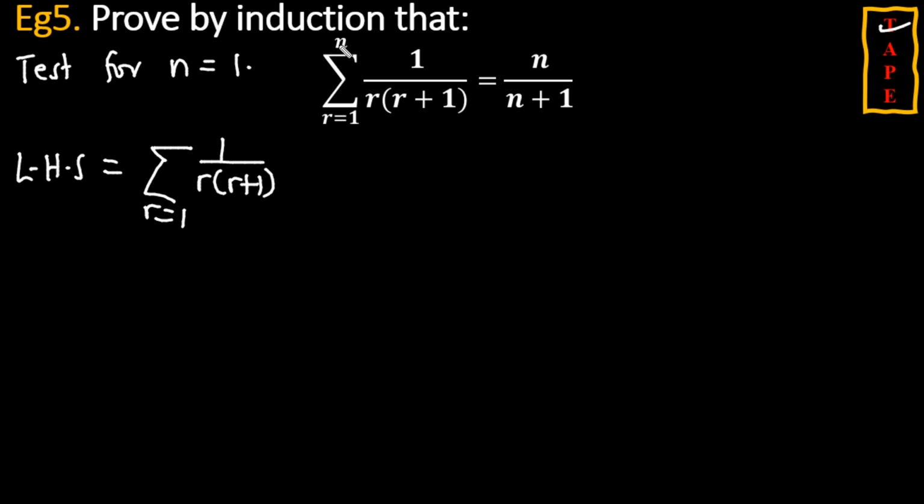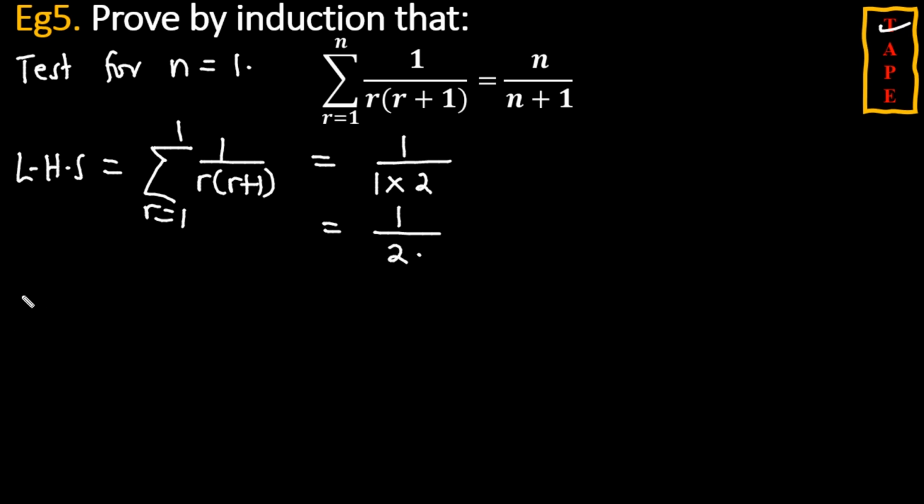Don't forget that the value of n is equal to 1. So we substitute 1 where there is r. We shall have 1 divided by 1 times, now 1 plus 1, we get a 2. So we have 1 divided by 1 times 2, that is a half.